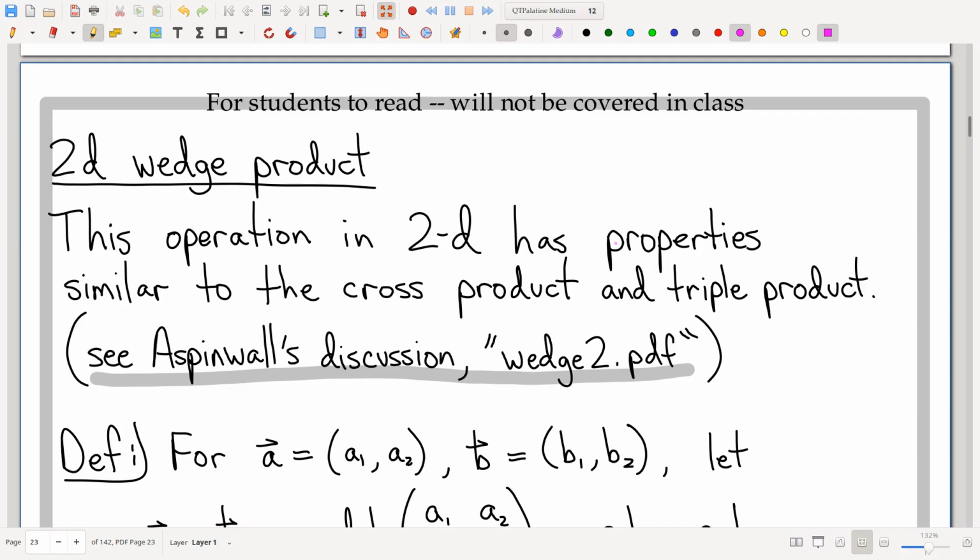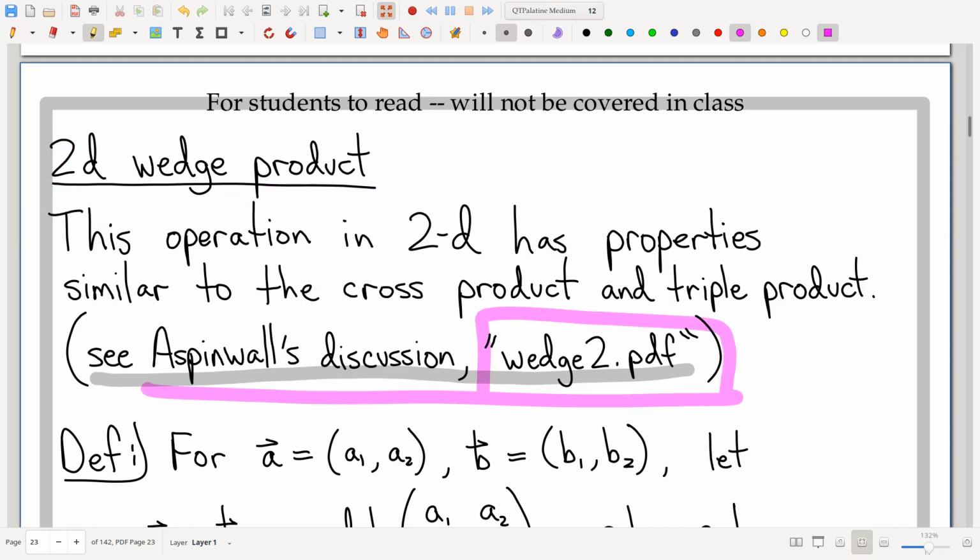So this thing called the two-dimensional wedge product is handy in several places here in Math 219. So Professor Aspinwall has written up a very succinct summary of some of the properties of wedge product in this file. It's in the course materials folder on the course website.